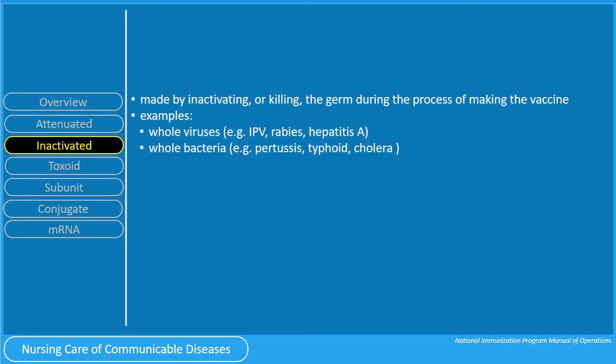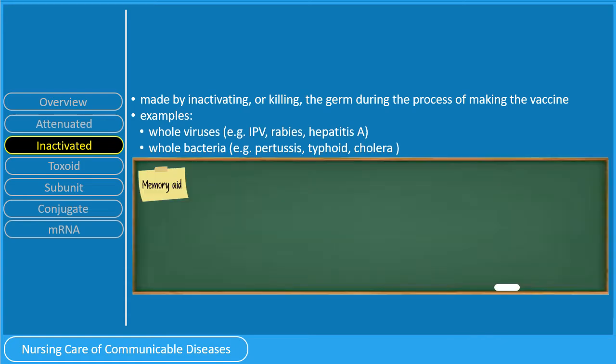Common examples of inactivated vaccines that you must remember include IPV or the inactivated polio vaccine, rabies, hepatitis A, pertussis, typhoid, and cholera. I actually have a memory aid or mnemonic in remembering the inactivated vaccines, but it is rather crazy. Sometimes, though, the ridiculousness of the mnemonic helps.